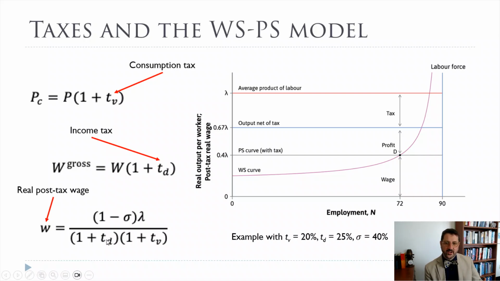And then we divide that by 1 plus the income tax times 1 plus the consumption tax. They've done some examples here where the consumption tax is 20%, the income tax is 25%, and sigma is 40%. And you can see that that shifts down our price setting curve, right? And so that is going to increase the unemployment rate and decrease the real wage.